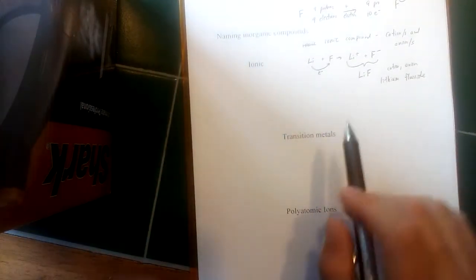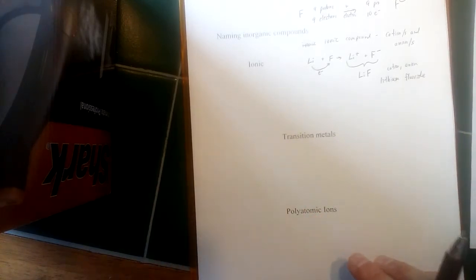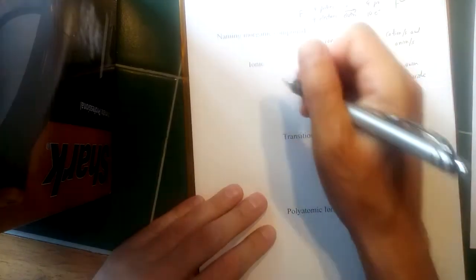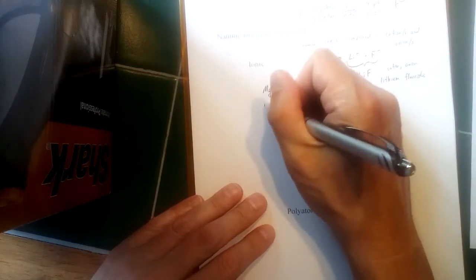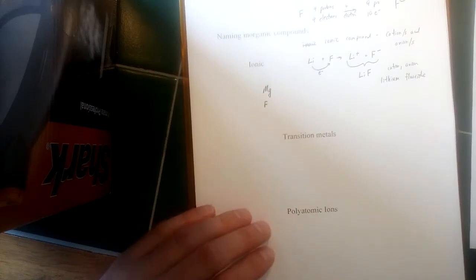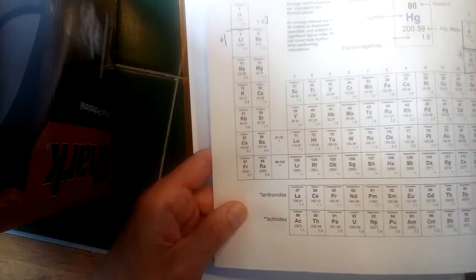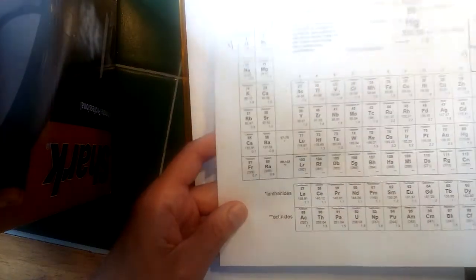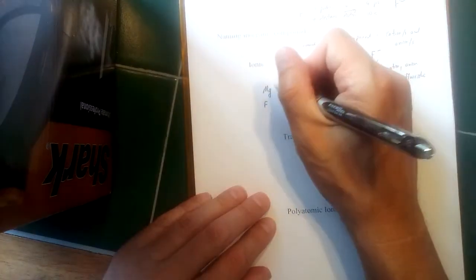Okay, lithium and fluorine are in positions in the periodic table where they each have a charge of +1, -1. Things will be a little bit different if we combine magnesium and fluorine together. So looking at where magnesium is in the periodic table, it is in a position where it is going to tend to lose 2 electrons to become magnesium 2+, right? But we know that fluorine is going to want to become minus.